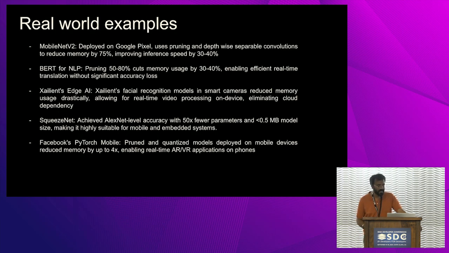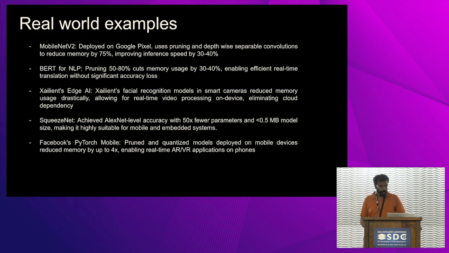Here are some real-world examples of how companies have used all of these techniques that I talked about. MobileNet is deployed on Google Pixel, and it uses pruning and depth-wise separable convolutions to reduce the memory by 75%, and it improves the inference speed by 30 to 40%.